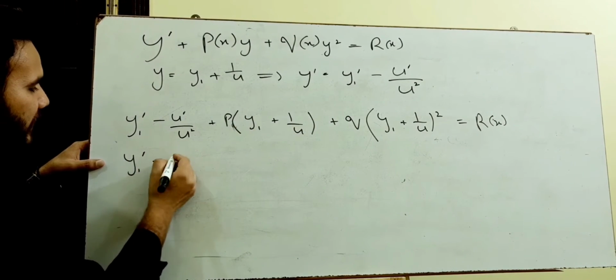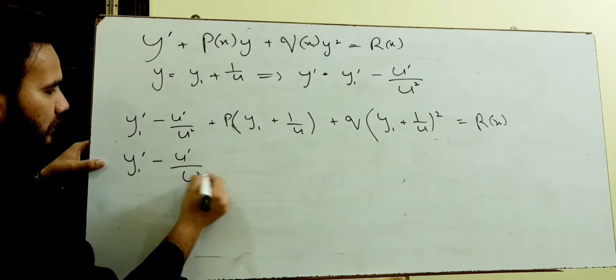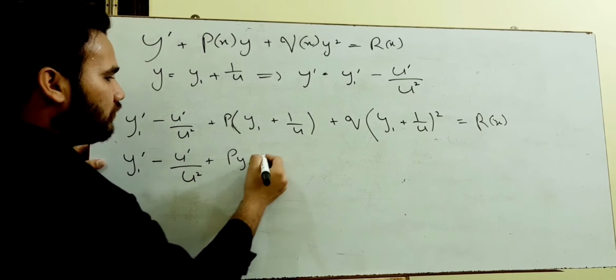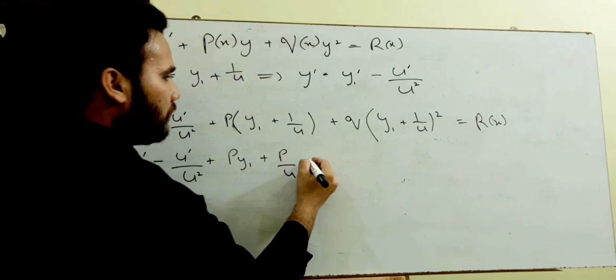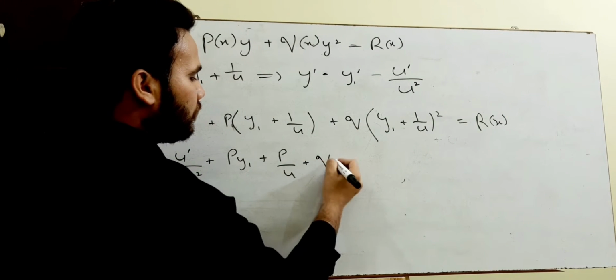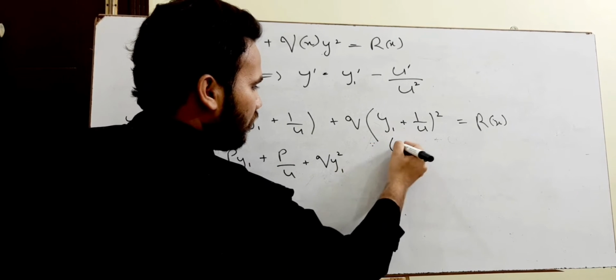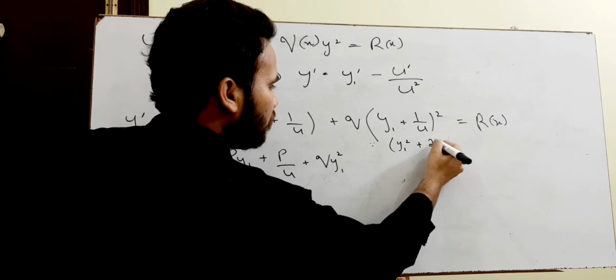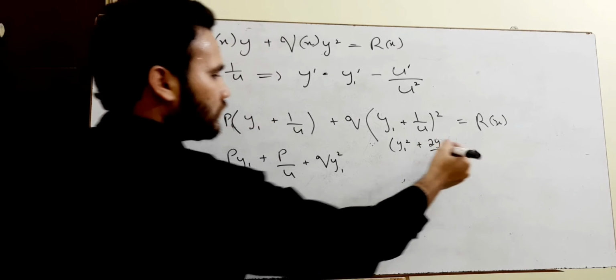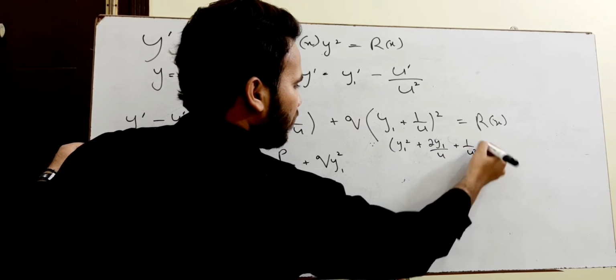y1 derivative minus u derivative over u squared plus p y1 plus p upon u plus q times y1 plus 1 upon u whole squared. This square will be y1 squared plus 2 y1 divided by u plus 1 upon u squared.